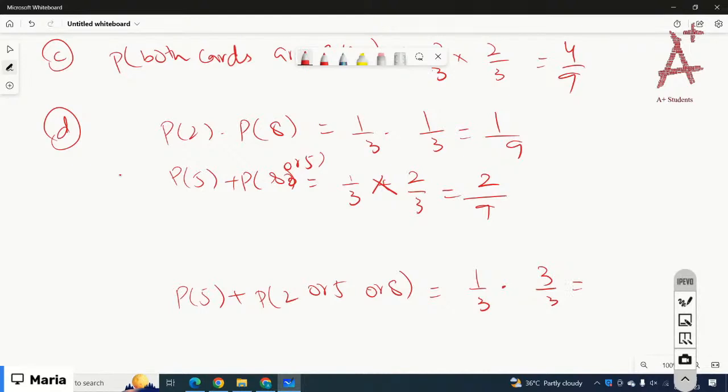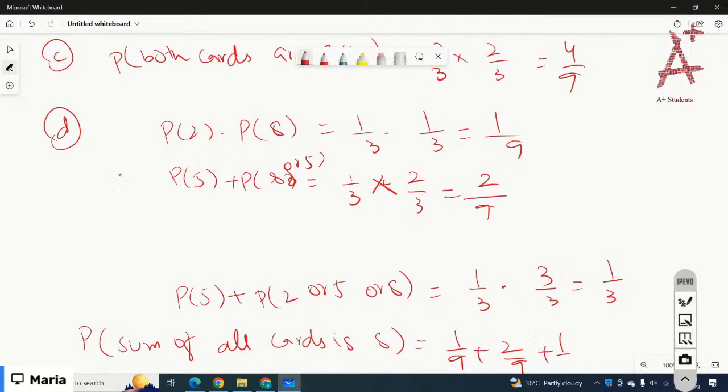So you have to add the sum of all the cases. It would be 1 over 9 plus 2 over 9 plus 1 over 3. So that equals 2 over 3, right? So the correct option is 2 over 3.